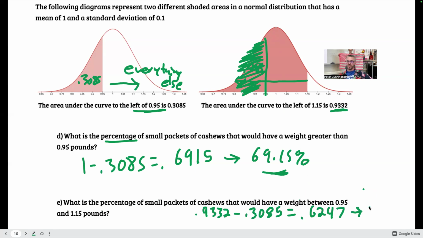As a percentage, that is 62.47%. You could round that to 62.5%. Don't round it to 62.4%. I definitely would say don't round it to 63. Let's go with 62.47. Show us you can subtract that exact thing.